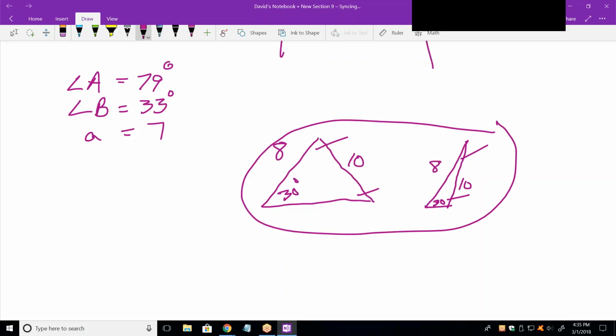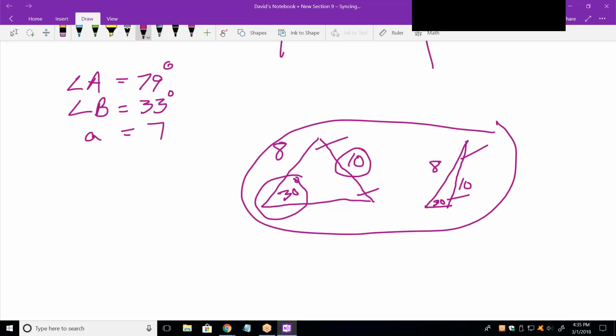Well, and also for that one, don't you have to use the law of cosines? No, for the ambiguous case of the law of sines, you still use the law of sines. Oh, okay. Whenever you have an angle and its opposite side, you're strictly on law of sines. No more law of cosines.